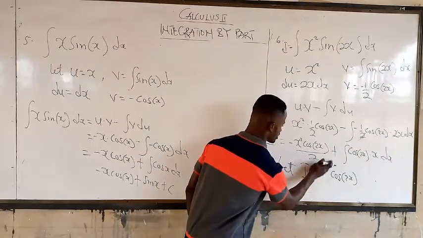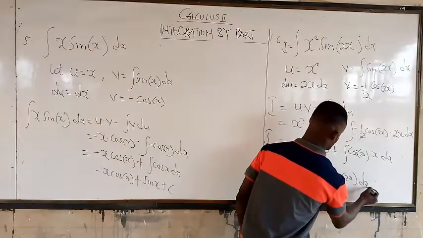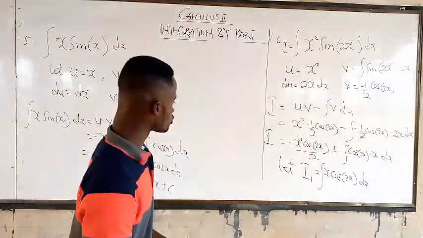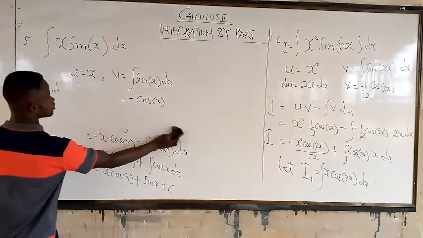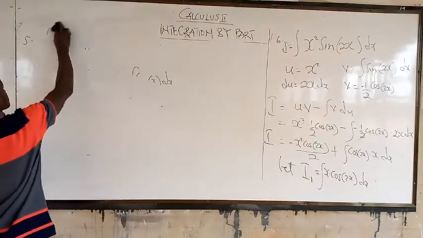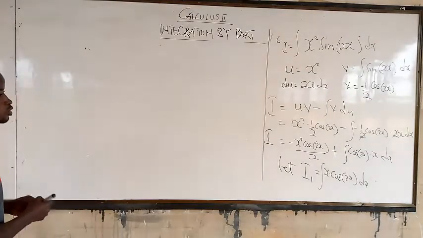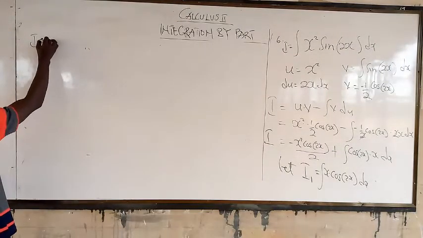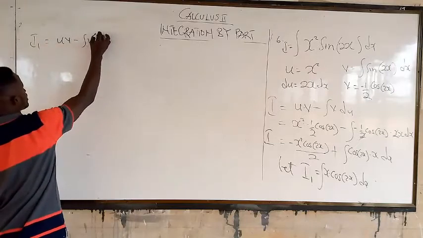So let's go by parts again. I1 is going to be equal to uv minus the integral of v du.